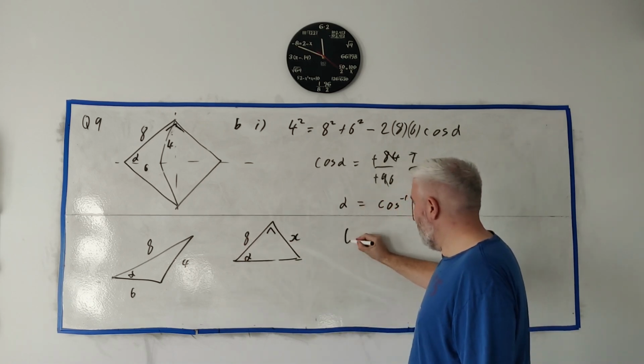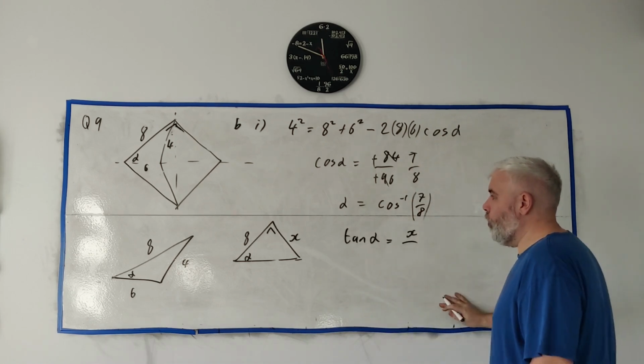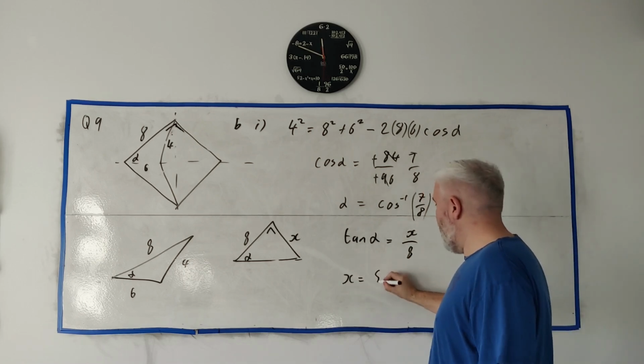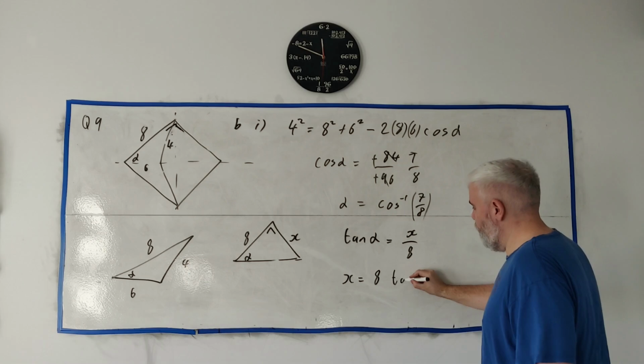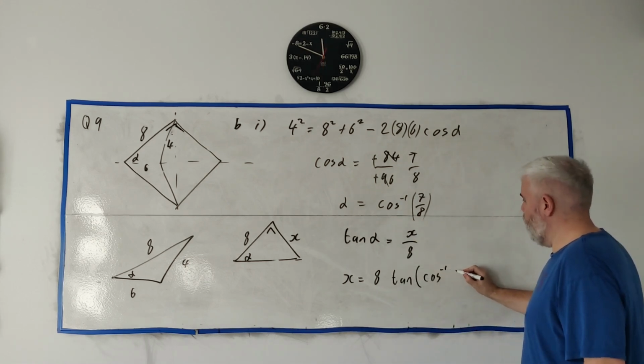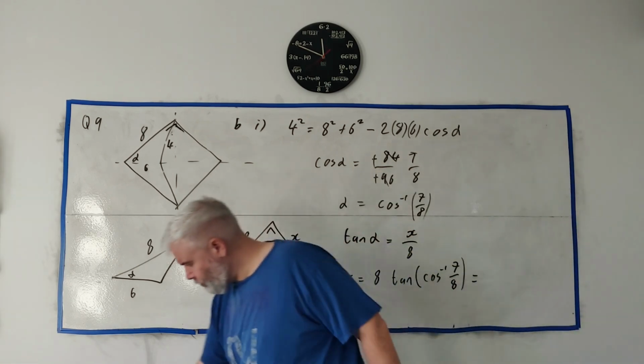So we better use something like tangent of alpha is equal to x over 8. So x is simply equal to 8 multiplied by tangent of alpha, and we know what alpha is. It's cosine minus 1 of 7 over 8. You can put all that into a calculator.